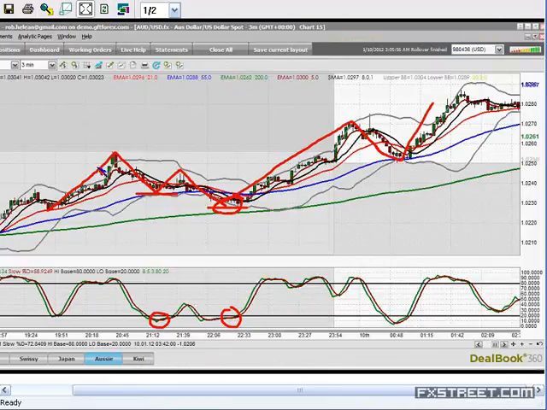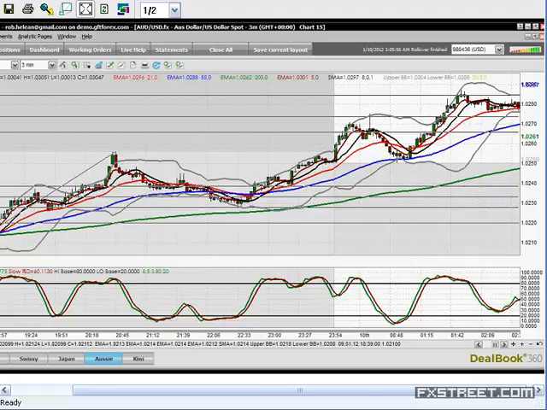Now, it's in these sorts of little areas here. If I fib this rise, we come back to a 382 in here, and that fails. And then we come down to a 618, and that works.